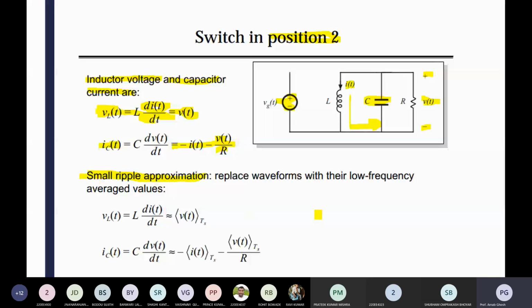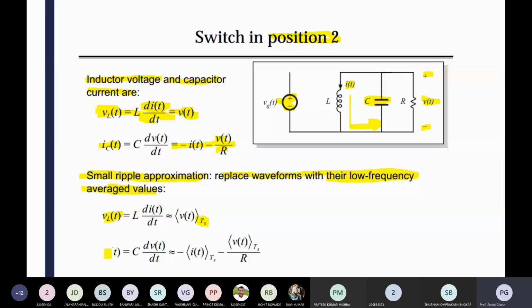So from your signal, finally you can get the approximated value, and you can omit the high frequency ripple and take the low frequency average value. So you can get VL equal to L dIt/dt. That value will also be averaged over the total switching period.